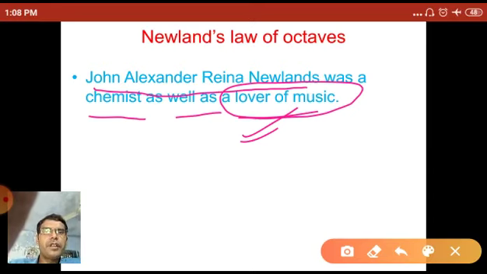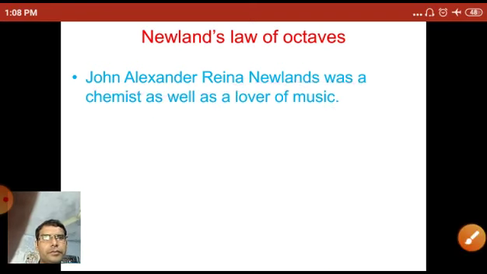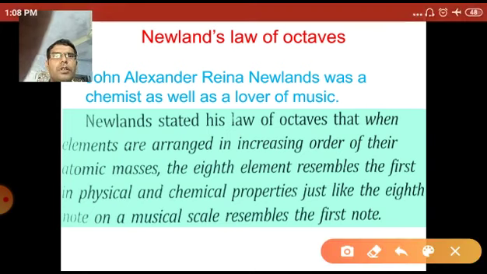After arranging the elements, he observed that the eighth element repeated similar chemical and physical properties to the first element, just as the eighth note repeats in music. What is Newlands' law of octaves?